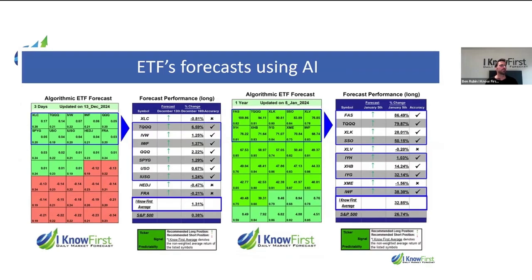And in the same way, we are generating forecasts for the ETF universe in the US. Here we can find the best ETFs that the algorithm suggests to hold for a period of 3 days and 1 year. Again, you get the 6 time frames, of course.